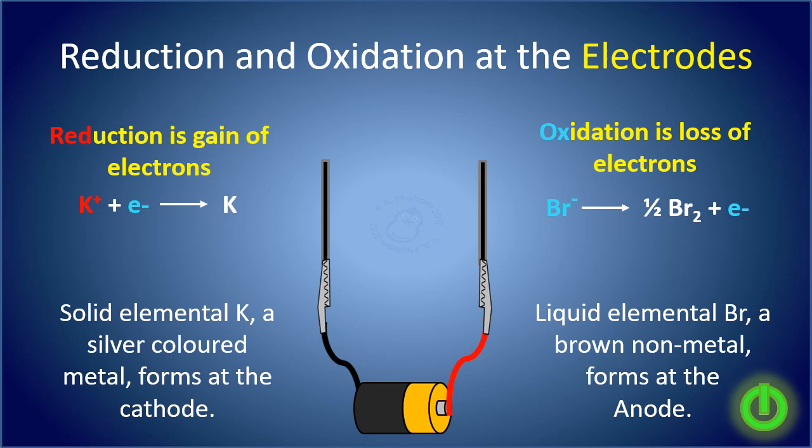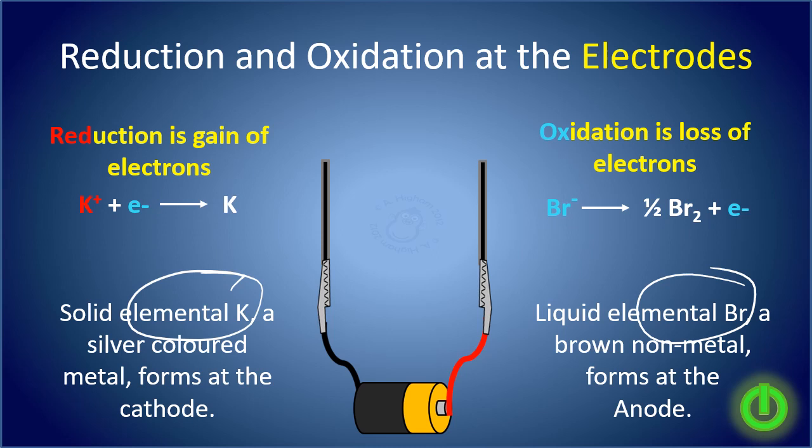So that demonstration tries to give the impression that the bromide ions will lose those electrons, they're pushed around the circuit, and they're dropped off at the potassium ions, which collect the electrons. So what you would form, as I said before, is elemental potassium and elemental bromine.